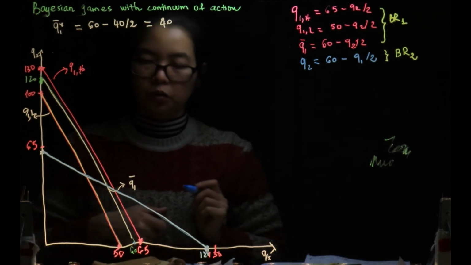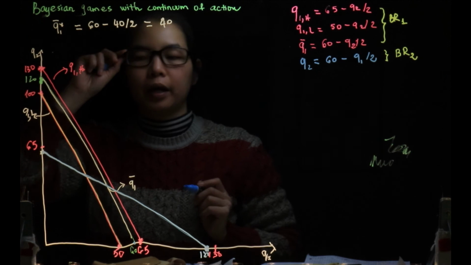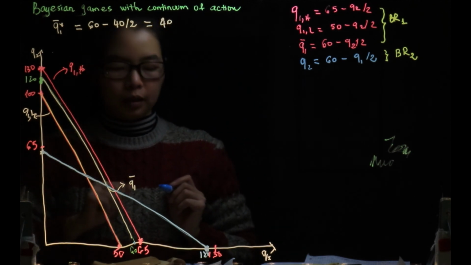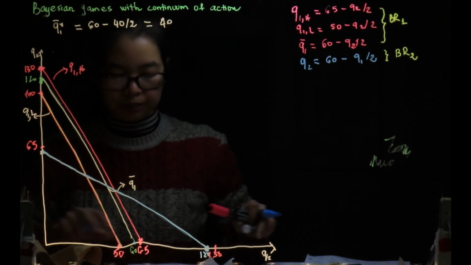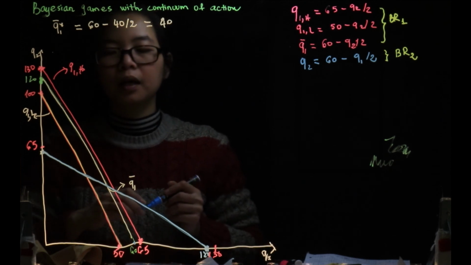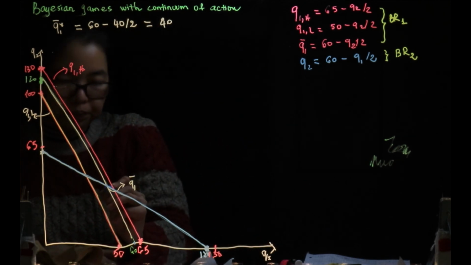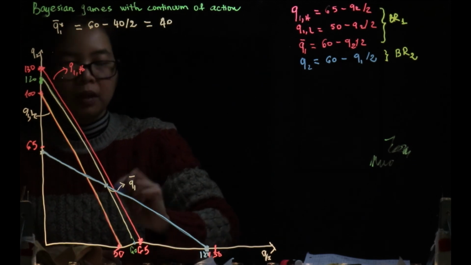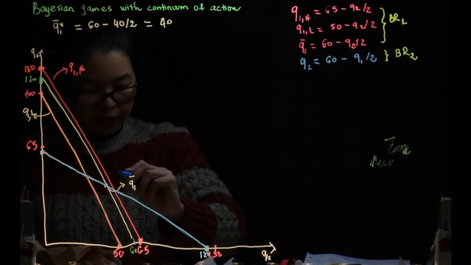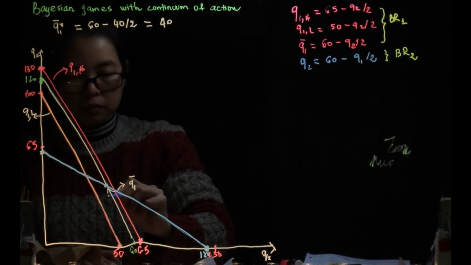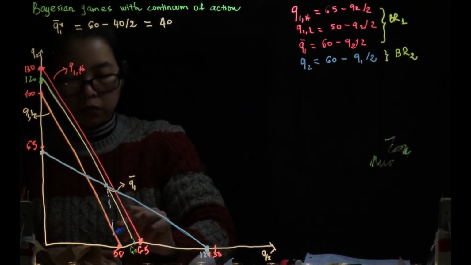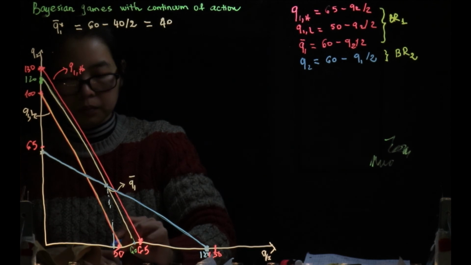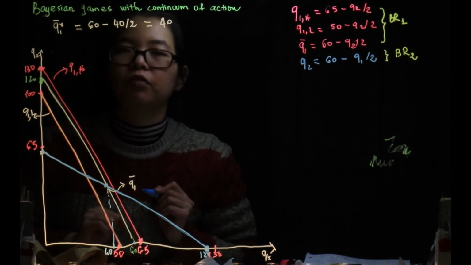Okay, so questions. Now where would they cross on the graph? This point where it crosses Q1 average, and Q1 average must be 40. At least it's to the left of the 50.